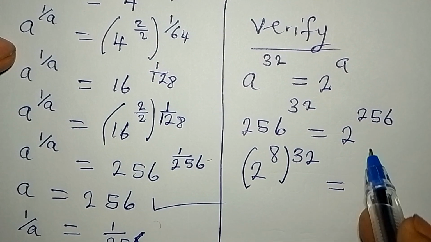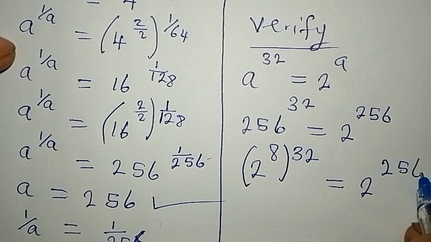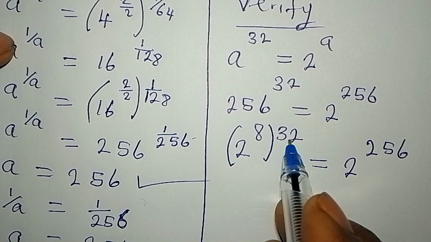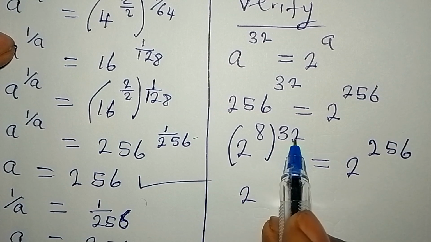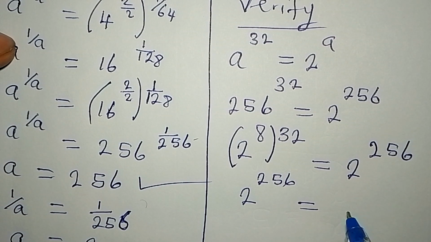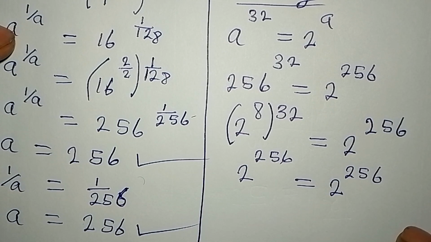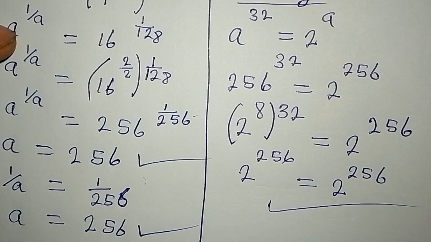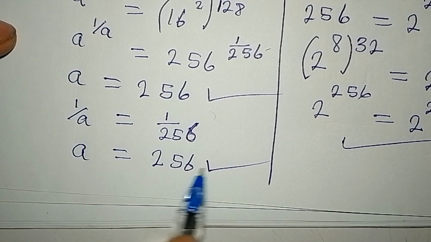So on the right, we still have 2 to the power of 256. That would be a very large number. Now, we always multiply powers. So we're having 2 to the power of 8 multiplied by 32 will give us 256. And on the right hand side, we are having 2 to the power of 256. So what can you see? You can see that the left hand side and the right hand side are equal, right? So this is to confirm or to verify that a is truly equal to 256.